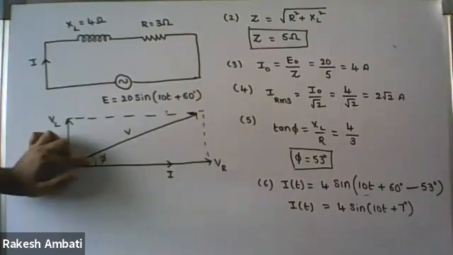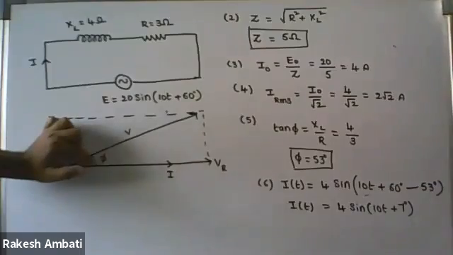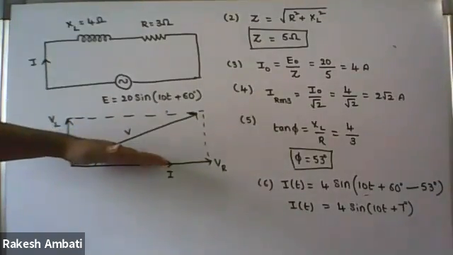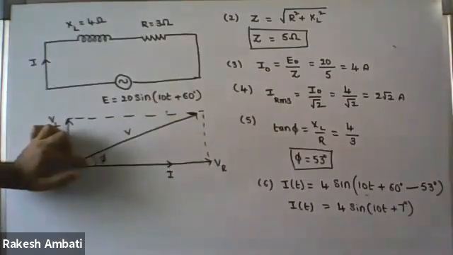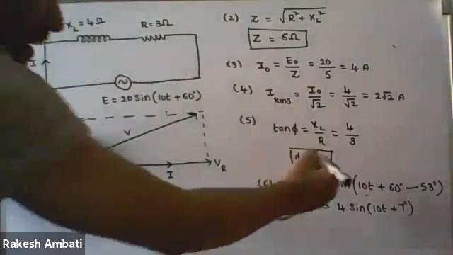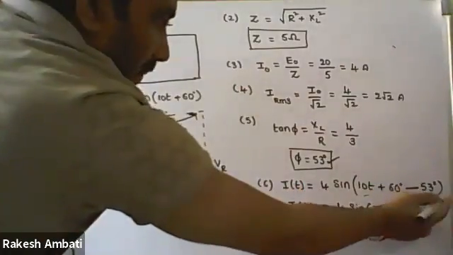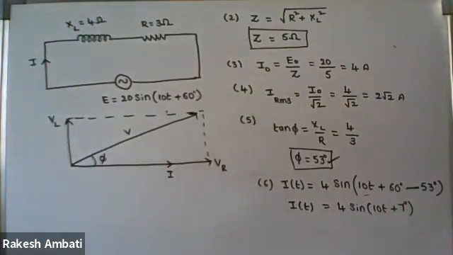Phi. With respect to current, voltage is leading by phi, and with respect to voltage, current is lagging by phi. Now you got the logic.